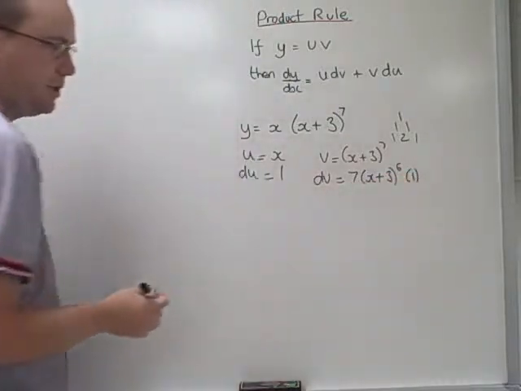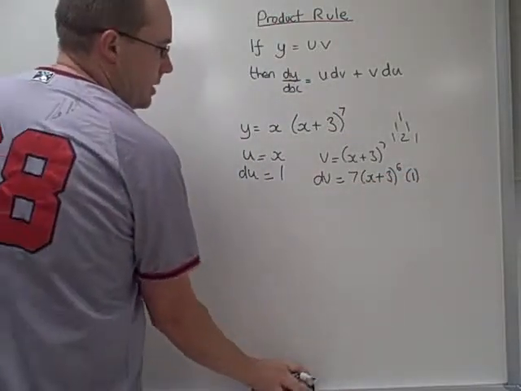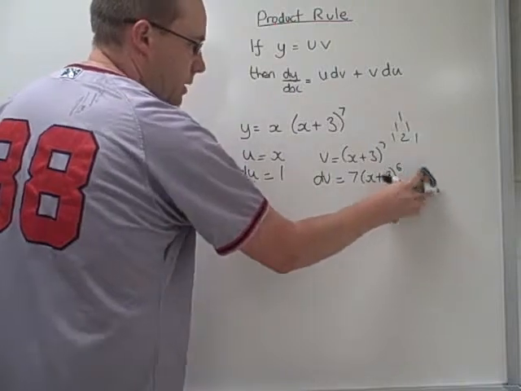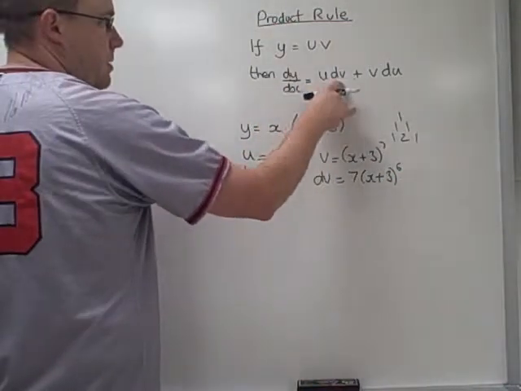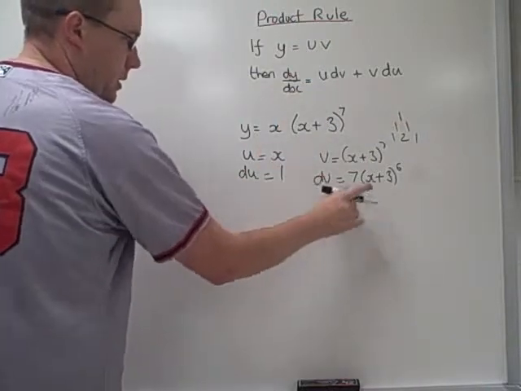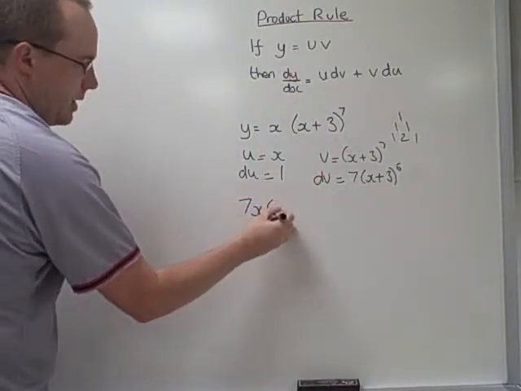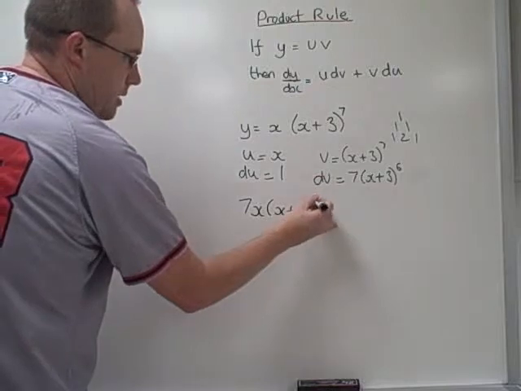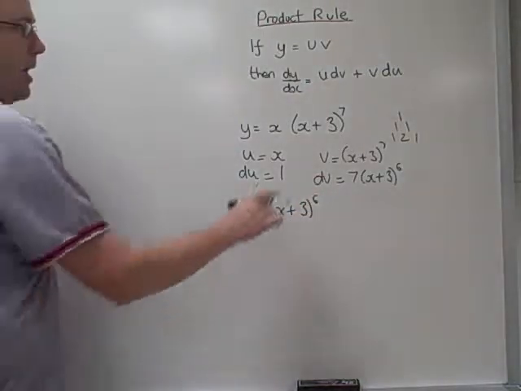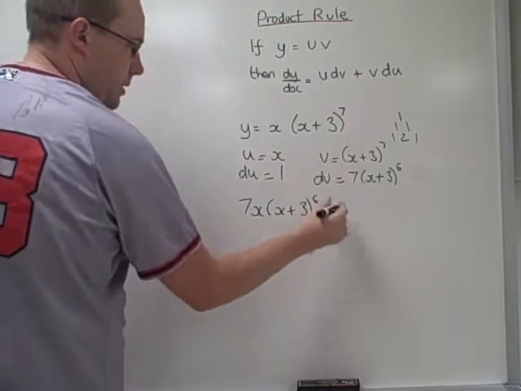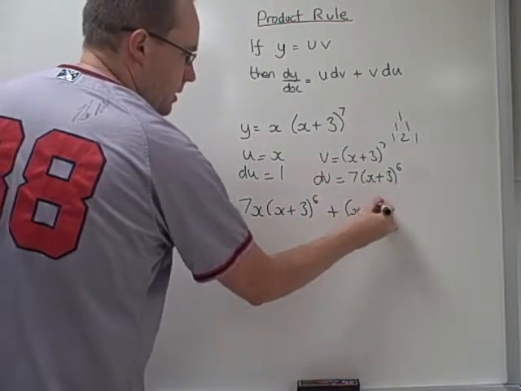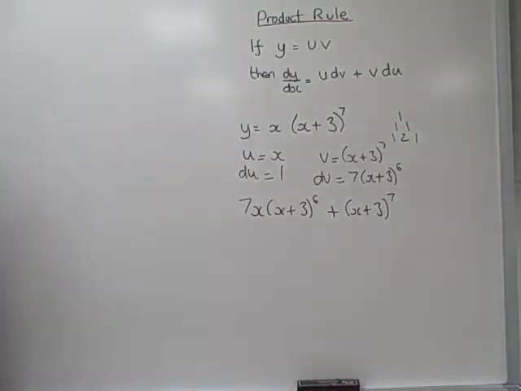Well, that's fine for this question because it just happens to be 1, and 7 times 1 is just 7, so we'll leave it like that. So when we're doing our product rule here, we're going to do u dv, so these two terms multiplied together, so 7x times (x plus 3) to the 6, and plus v du, so 1 times this is simply just that.